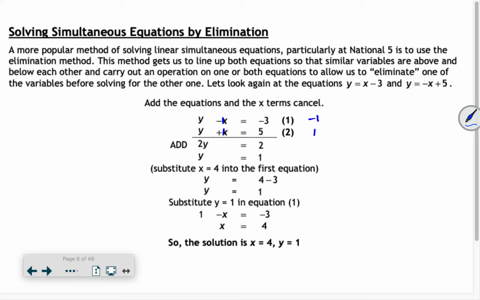So here, if I say y plus y, if I bring these together, it gives me 2y. The minus x and the plus x cancel out. Then I've got minus 3 plus 5, which adds to give me 2. So therefore 2y is equal to 2, so y has to be 1.